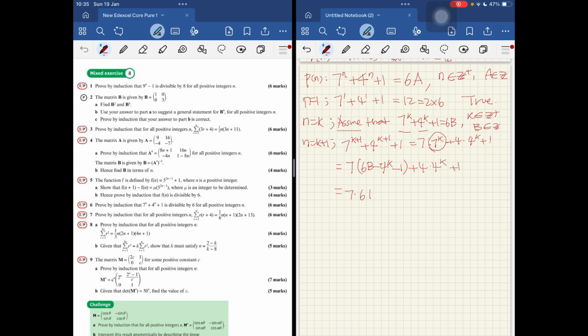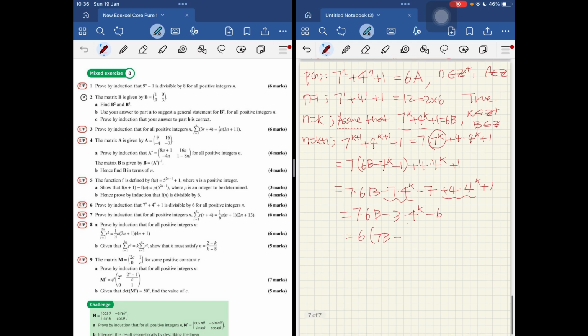Then 7 times 6b, minus 7 times 4^k, minus 7, plus 4 times 4^k plus 1. So 7 times 6b minus 3 times 4^k minus 6.